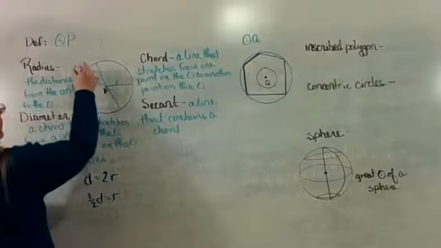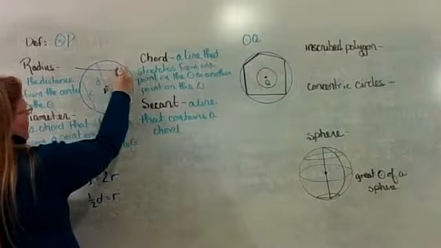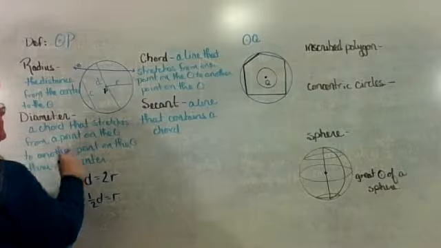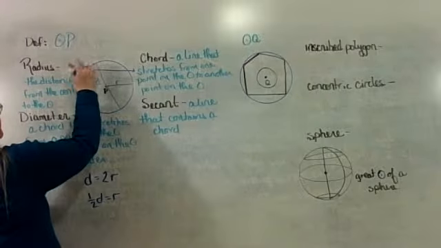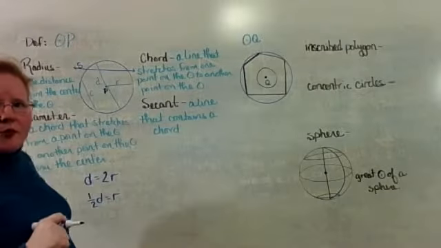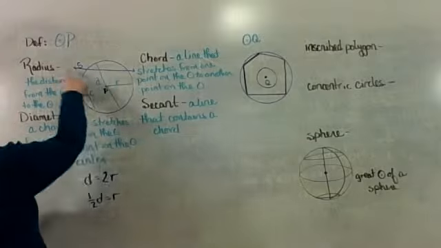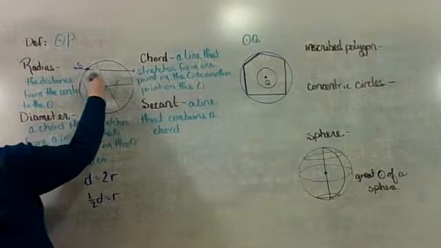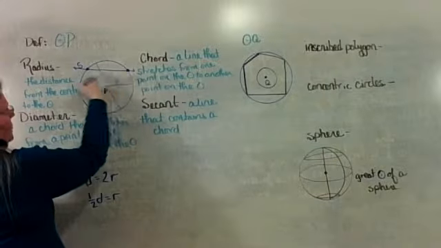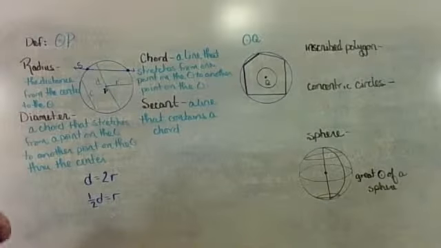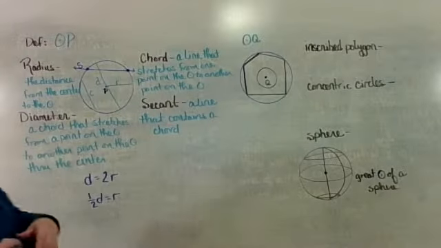So if I have a line that intersects my circle, that was supposed to be a nice S. I don't know if it looks like an S or not, but we're telling you it's an S. This line is called a secant because from here to there is actually a chord that's inside of my secant. Okay, moving on.